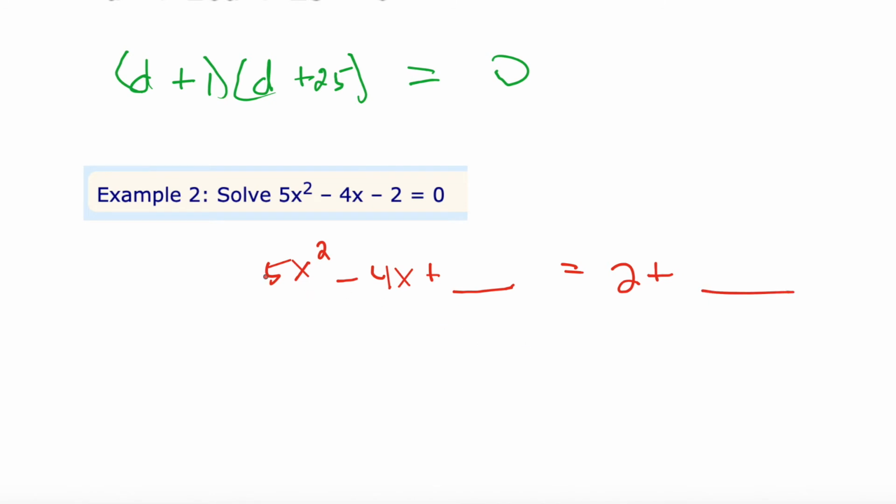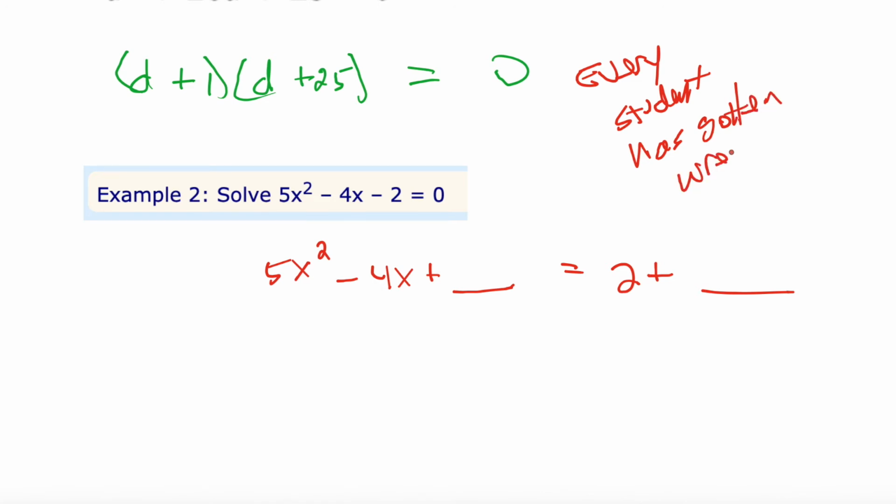By the way, I'm going to ask you a question that I think every student has gotten wrong when I've asked. So you could be the first one to get this in the history of Steve.